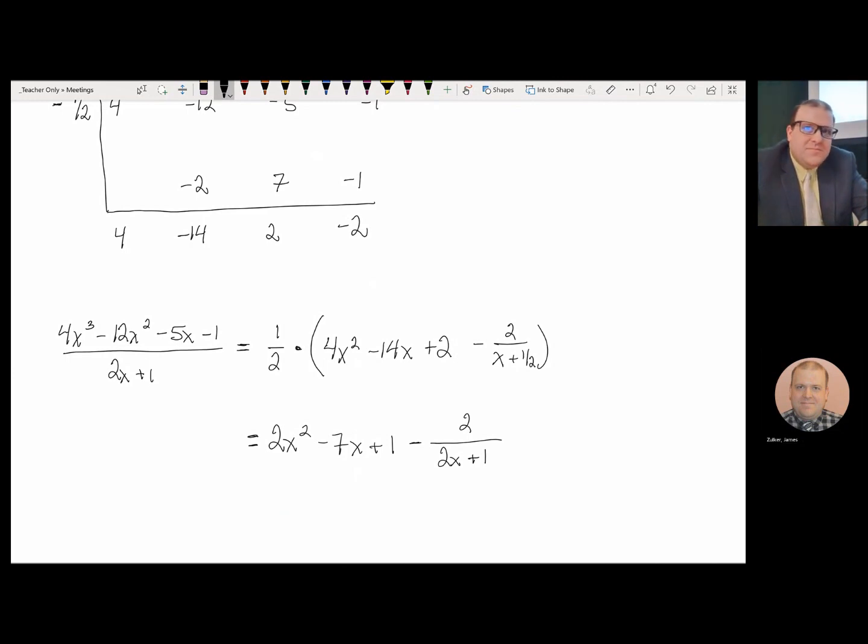Gotcha. So again, it looks like the remainder didn't change, but it actually did. I suppose that's how I'd write it from now on. Just like that.